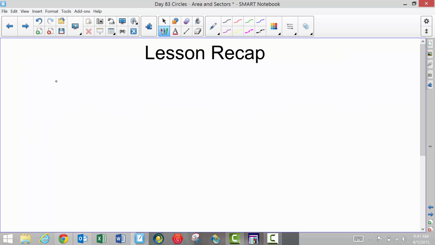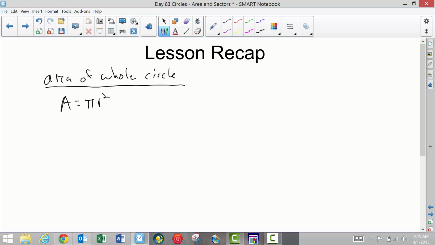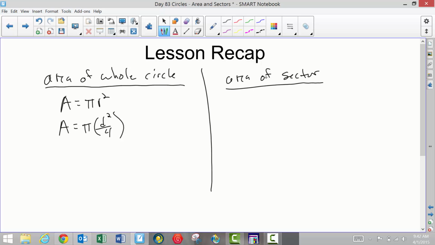So let's recap. If you want area of the whole circle, you should know these formulas. Area is pi r squared, or area is pi d squared over 4. You should also know your area of a sector. Let's visualize it for you.